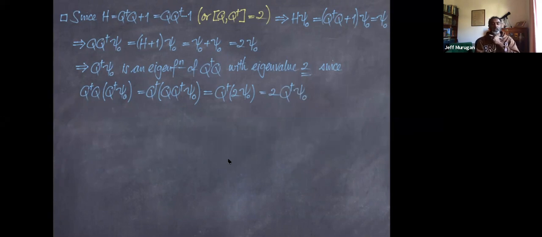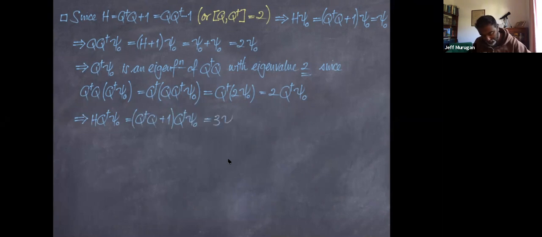And consequently, from here, I can read off that H acting on Q dagger psi naught is just Q dagger Q plus 1 acting on Q dagger psi naught, which is just 3 Q dagger psi naught.